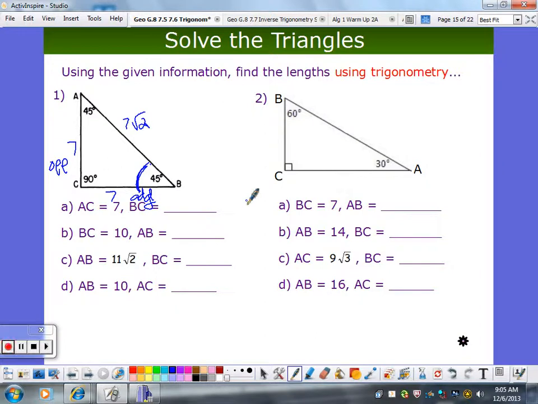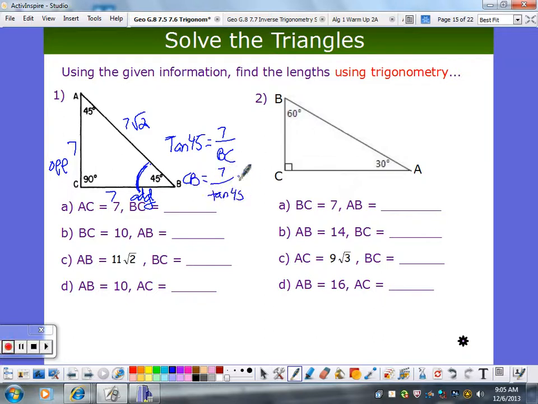How do we do this? Tangent, right? Tangent of 45 equals the opposite over the thing I'm trying to find, BC. So BC equals 7 over the tan of 45.